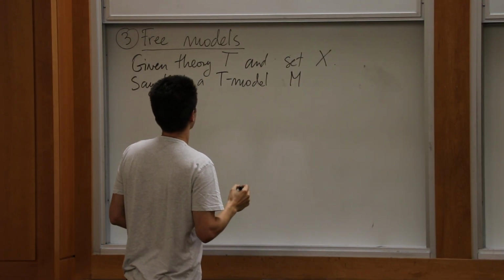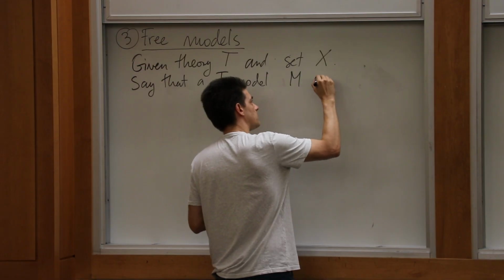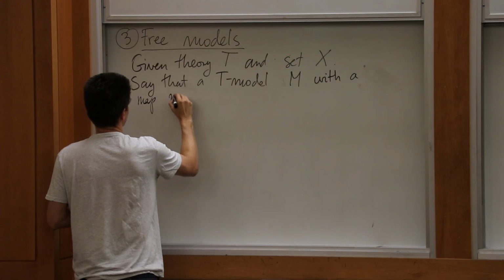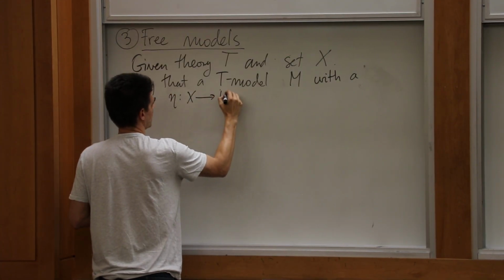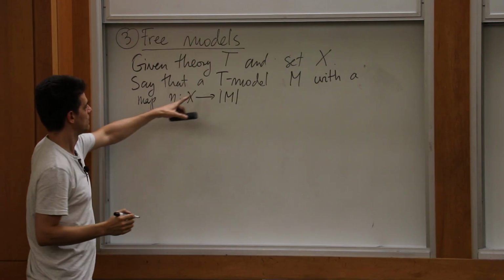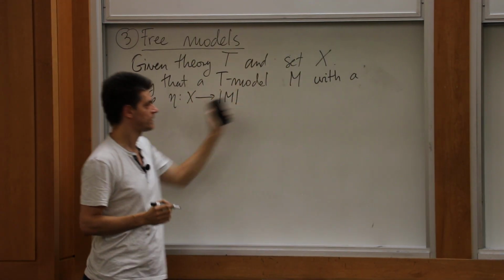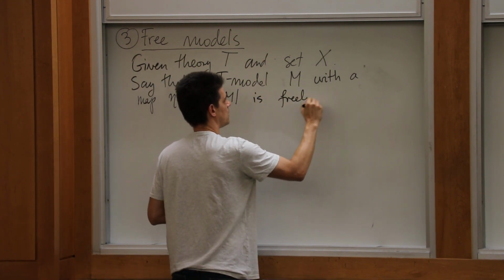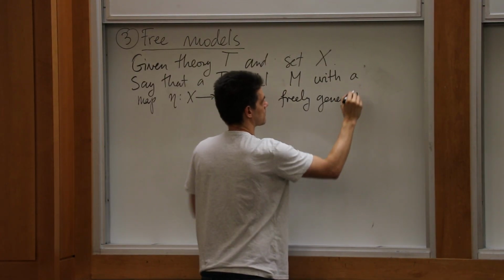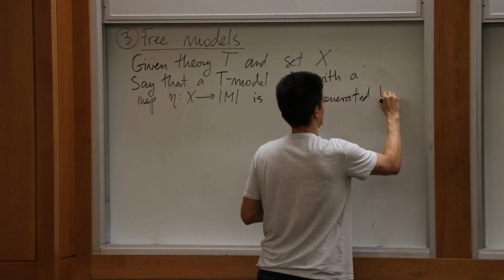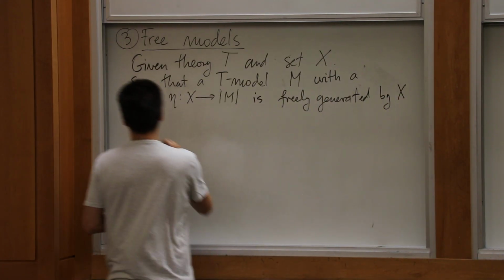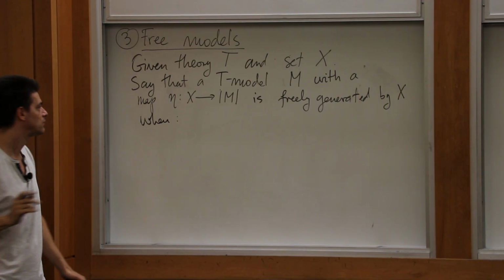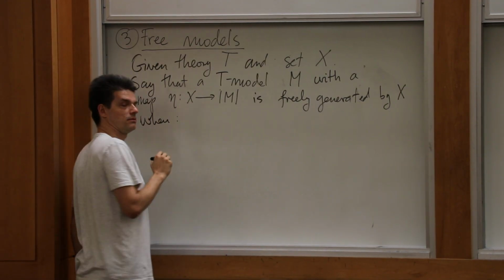A T model M together with a map eta from X to M, the carrier of M. So a T model together with such a map is freely generated by X when the following holds. It has a universal property. I'm secretly doing category theory here.